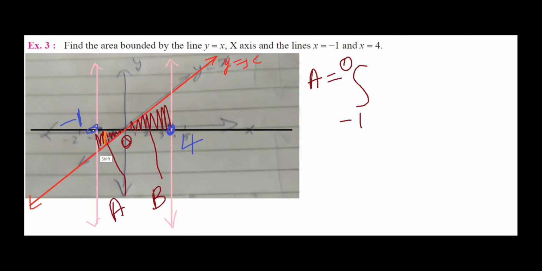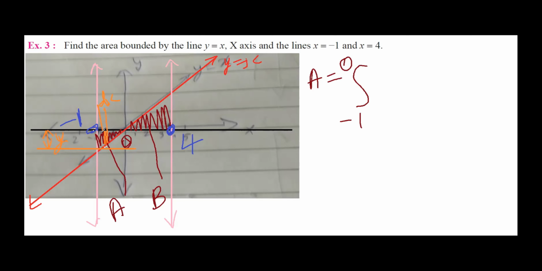Its width is dx. If this is x, this particular distance will be your y. I'm just repeating it. This will be your y.